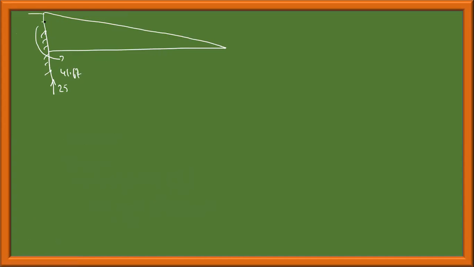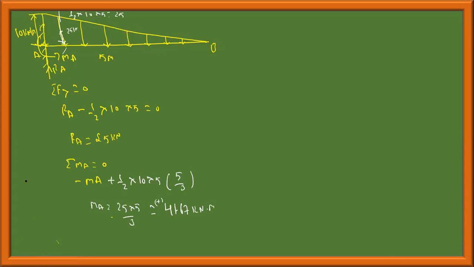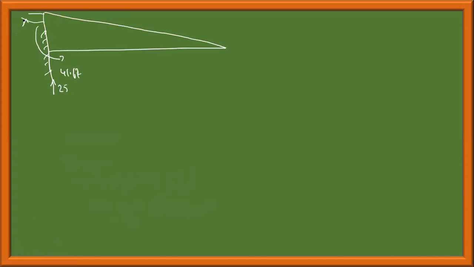The load is 10 kilonewton per meter, uniformly varying load, between A and B.